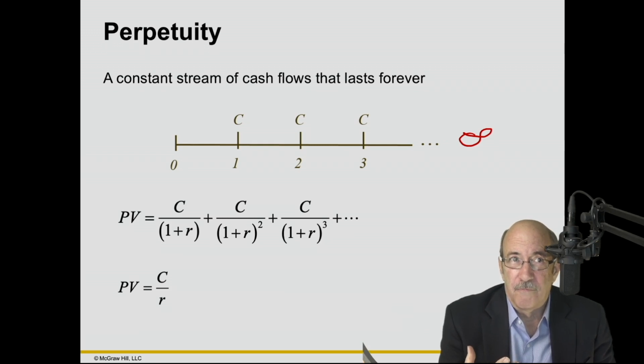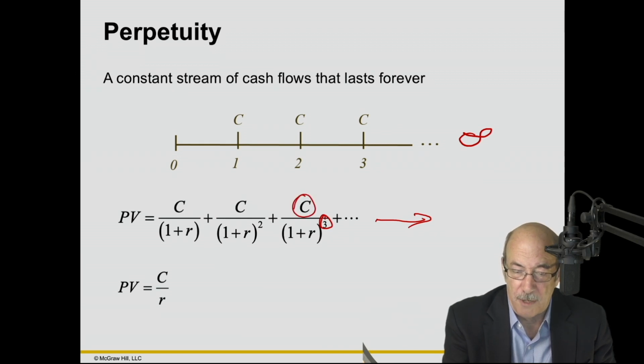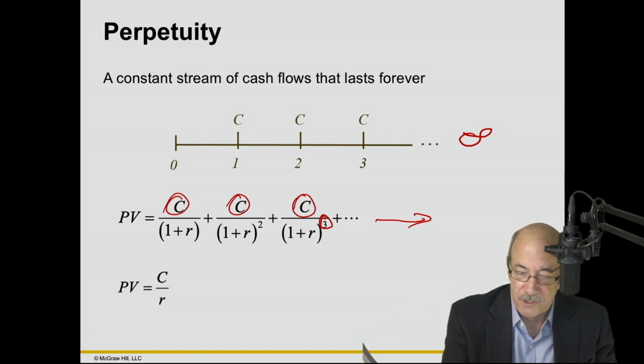What we can do, though, is understand that the further out we go, these exponents get bigger and bigger, and this cash flow stays the same. It's the same amount. And you know what an exponential function looks like. It goes like this, right? It's not linear, it's curvilinear.